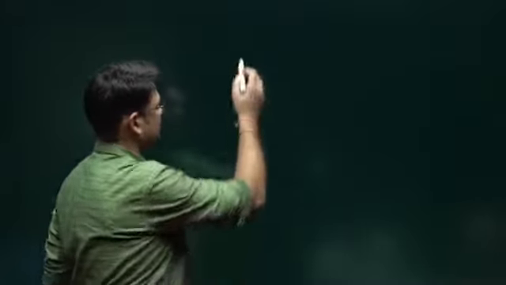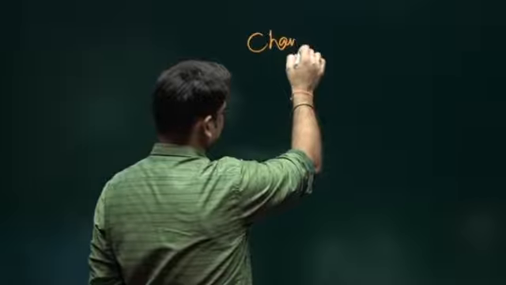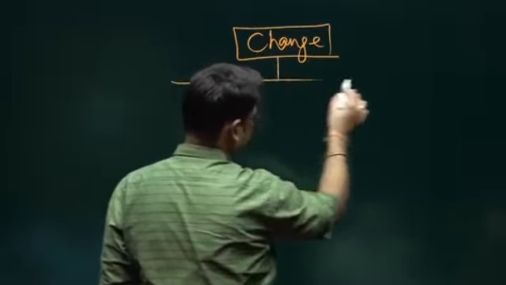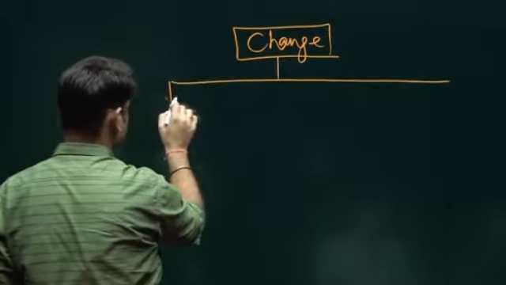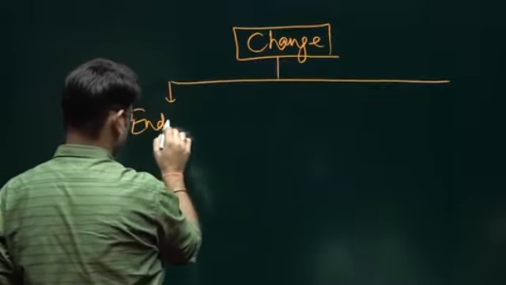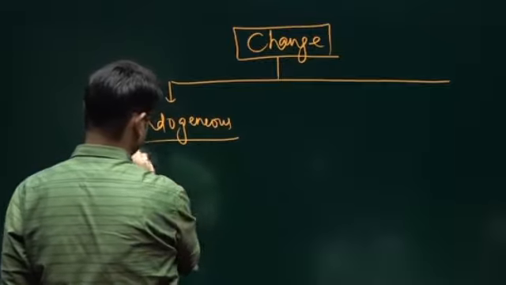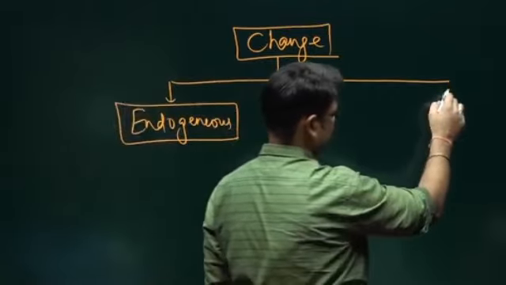Now, the change aspect in Indian society. There can be two types of factors, endogenous or orthogenetic, and exogenous.